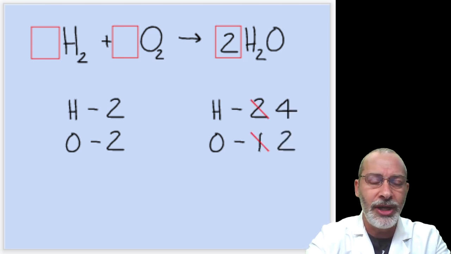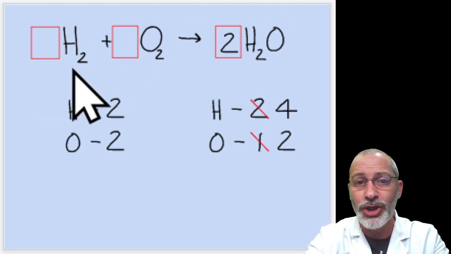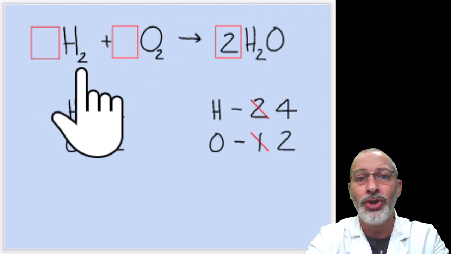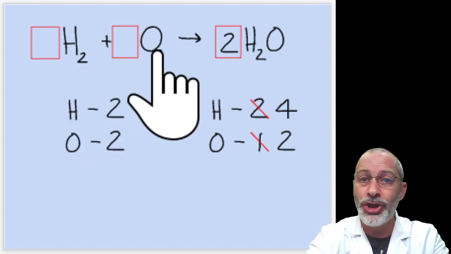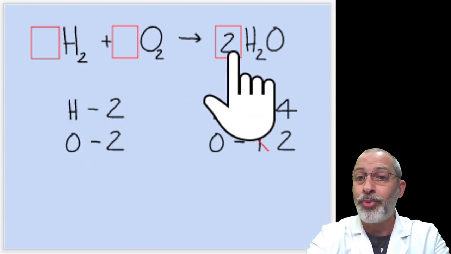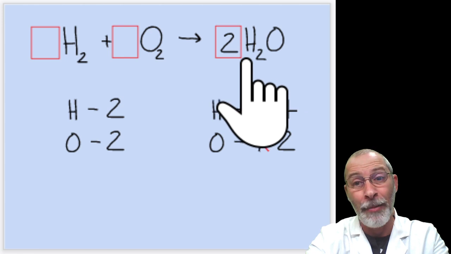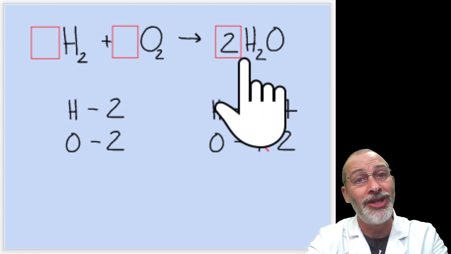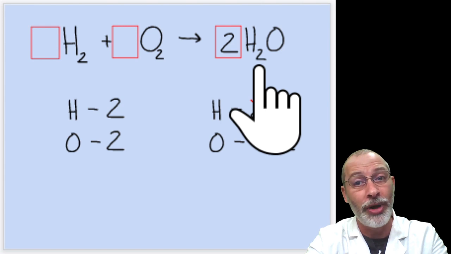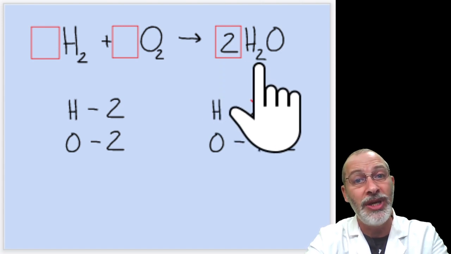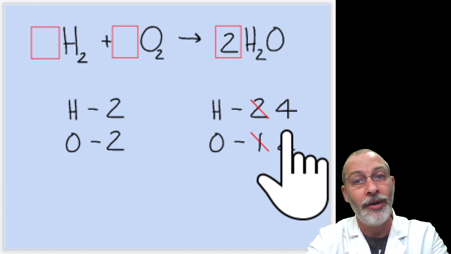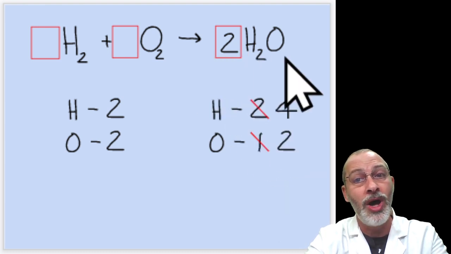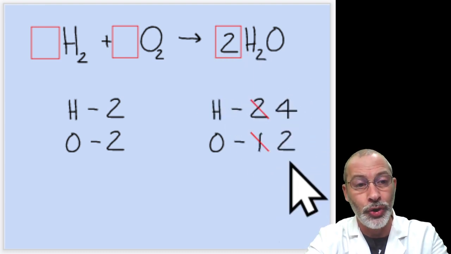Let's go to the reactant side of the equation. How many hydrogens? 2. How many oxygens? 2. Product side of the equation. How many hydrogens? Remember, it's coefficient times each subscript. So 2 times 2 is 4. And 2 times 1 is 2.